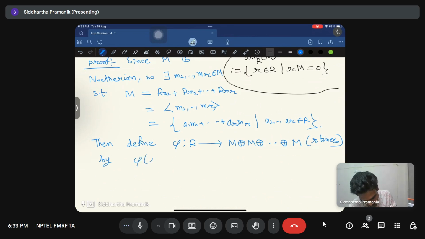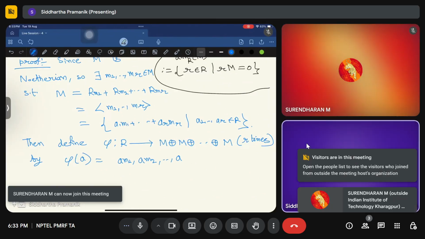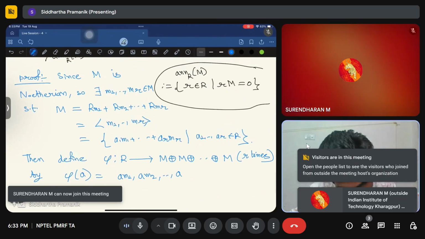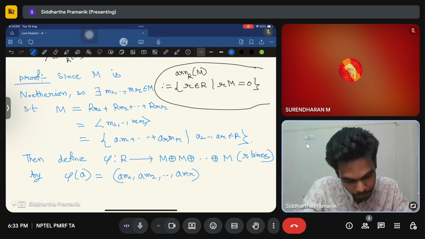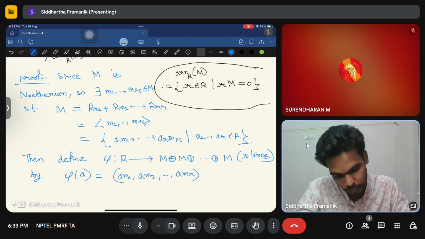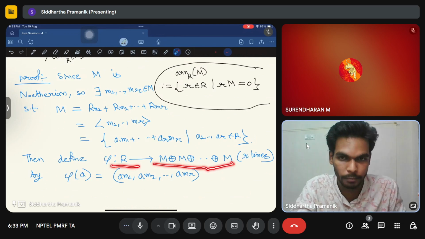So phi of, okay, let's say a, phi of a will map to am1, am2, dot dot amr. So this is the map which we are defining. So this is a map from R to M direct sum itself R times.